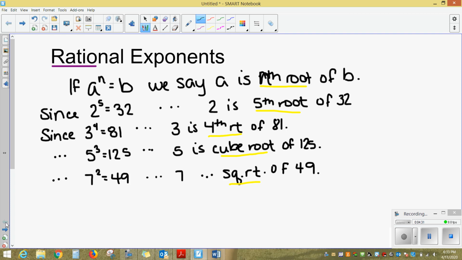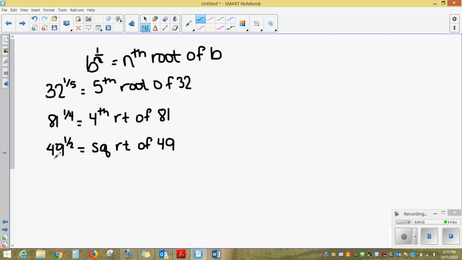What else do I have? 125 to the 1/3 power is asking me for the cube root of 125.